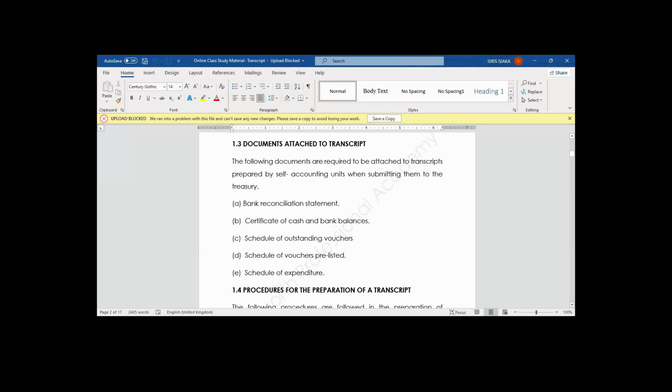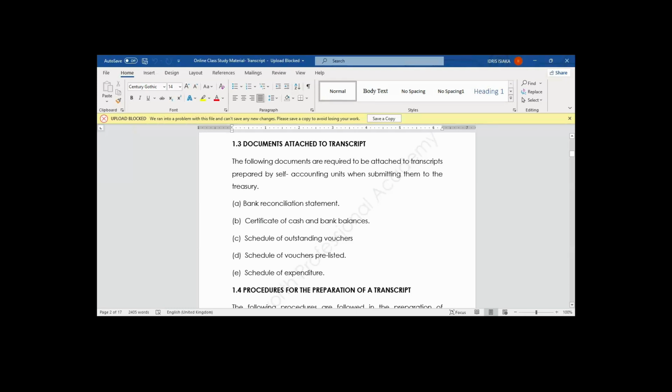So what are the documents to be attached to transcript? Number one is bank reconciliation statement, while number two is certificate of cash and bank balances. Number three, schedules of outstanding vouchers.